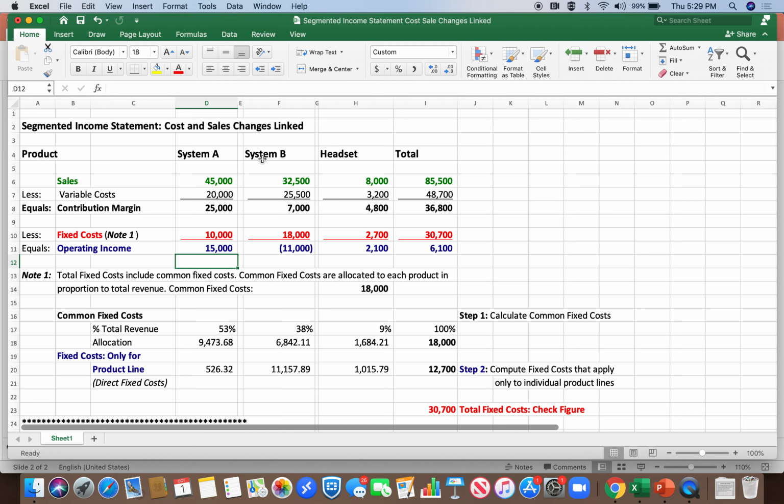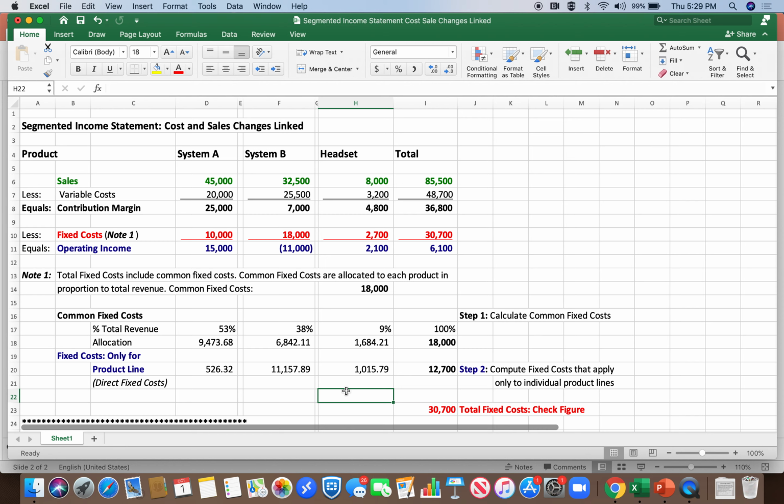For example, System B has one of the 2 highest variable costs, and generates a loss. In total, however, the company generates $48,700 in variable costs, but company-wide generates a profit. So, just like the Disney example, you can have a situation where a company division is running a loss, but in total, you can run a profit.